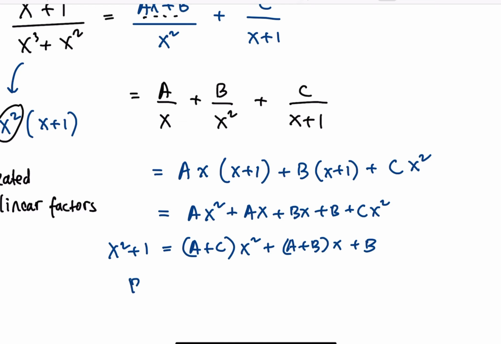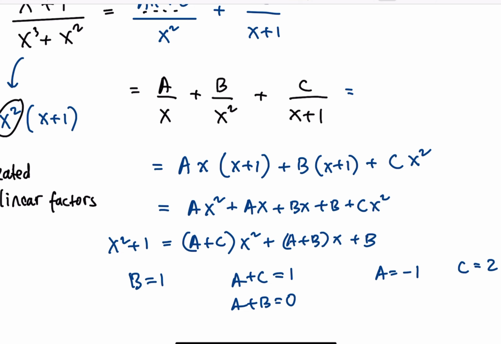So b is 1, a plus c is 1, and a plus b is 0. So a is minus 1, and c will be 2. So this will be equal to minus 1 over x plus 1 over x squared, plus 2 over x plus 1.